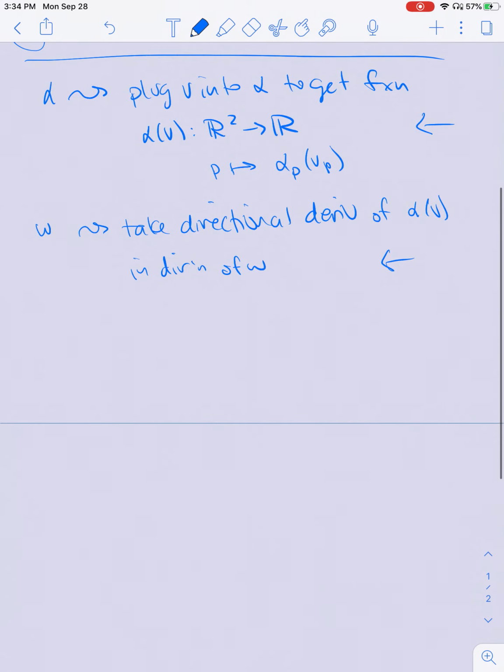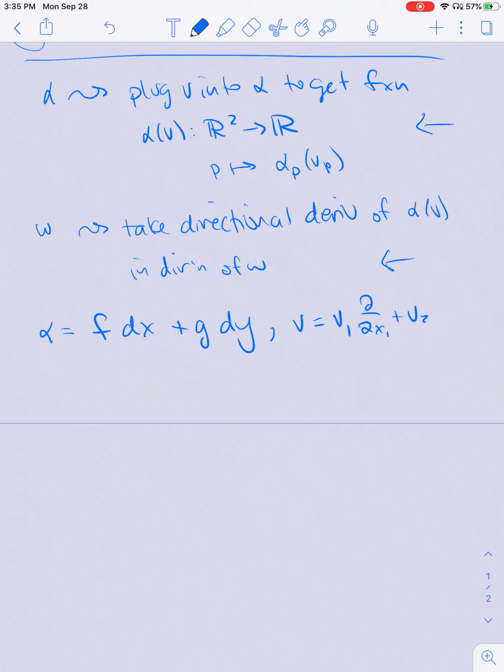let's give everything names. Let's say alpha is f dx plus g dy; it's a little bit easier to call these f and g. And V is the vector field v1 d by dx1 plus v2 d by dx2, and v1 and v2 here are constants.